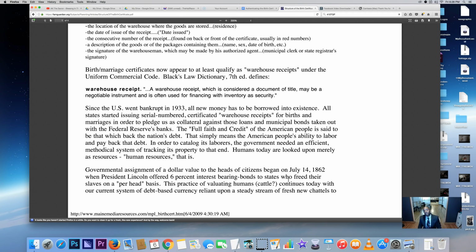Faith is a belief, meaning that the dollar bill is only a piece of paper that they can print unlimited amounts of, and it only has value because the people believe it does. If the people did not believe it, it would not have any value whatsoever.